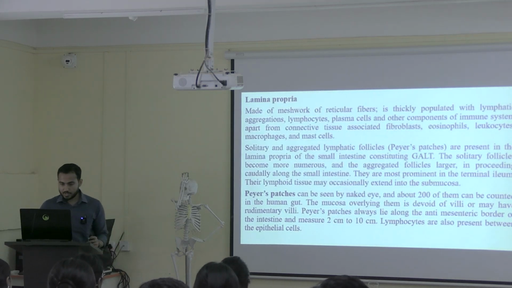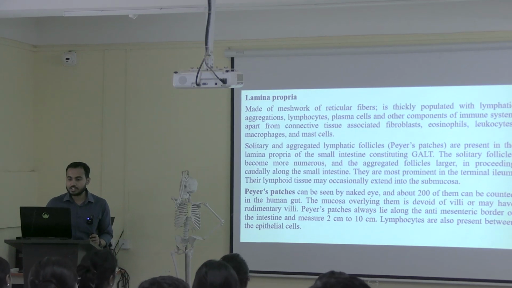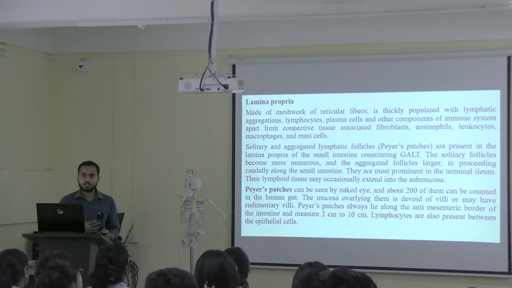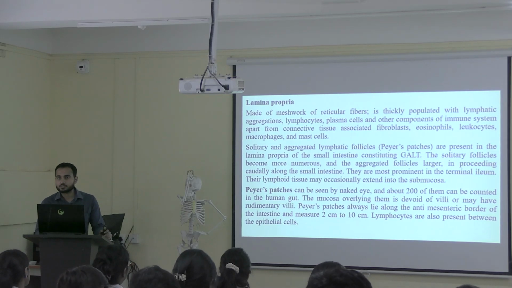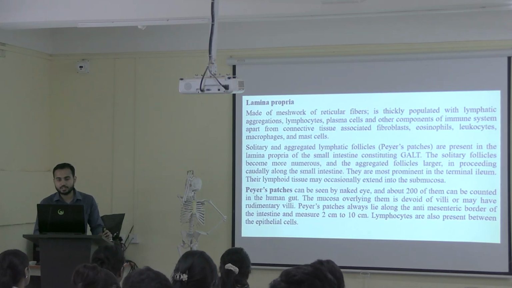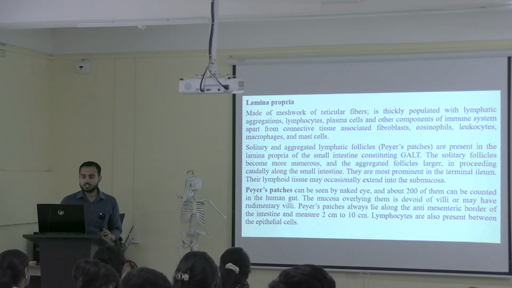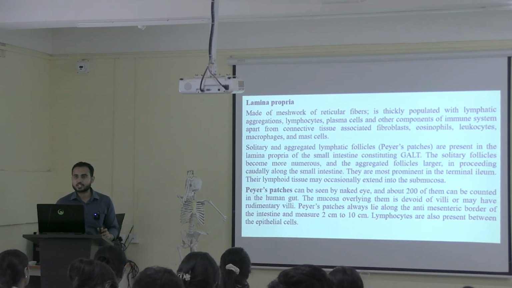Next, lamina propria. After the lining epithelium, what is the next layer? Lamina propria. In the lamina propria of the small intestine, there are some areas where a thick population of lymphatic aggregations are present, which are components of the immune system, for example lymphocytes and plasma cells.